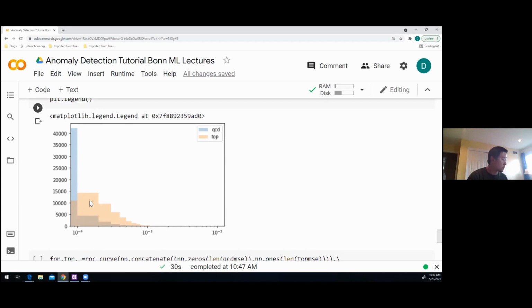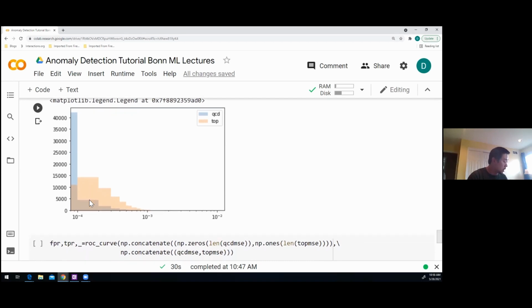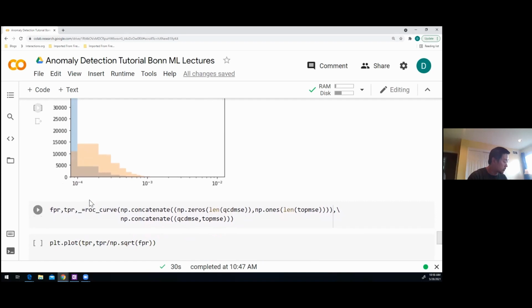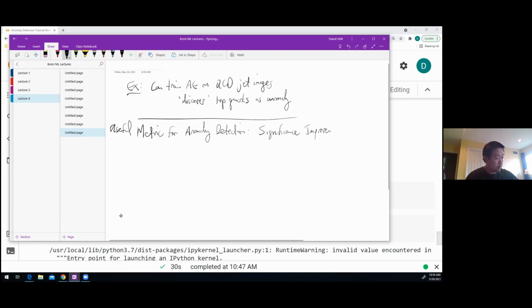Okay, so how do we measure the performance of this anomaly detector? For that, I want to introduce another metric called the significance improvement curve. This is a useful metric for anomaly detection. It is the significance improvement, and that is the true positive rate.